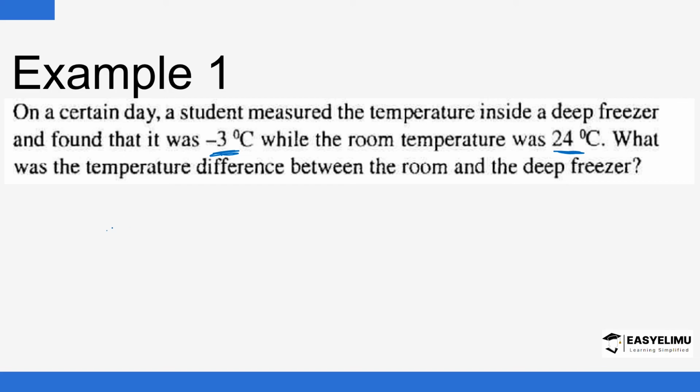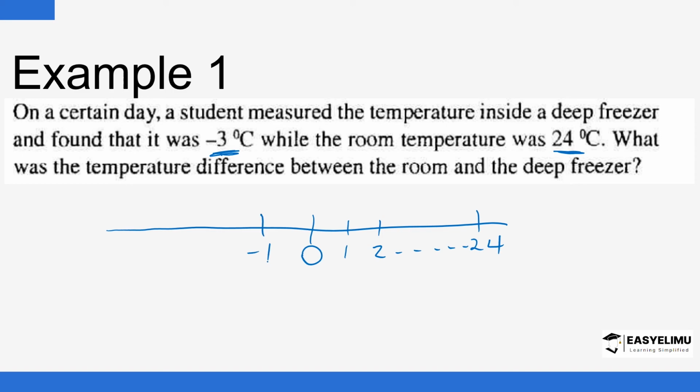So maybe if you draw the number line, you see where the 0 mark is. So we have 1, 2, all the way up to 24. So it continues that way. Then we have -1, -2, -3. So you can see, the values on the number line are supposed to be increasing from left to right.